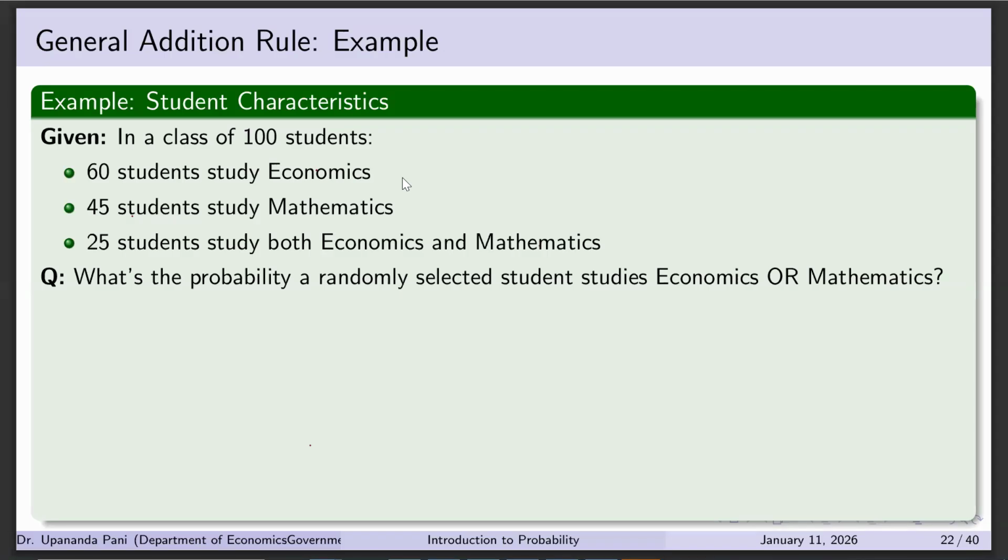Chinmay, are you there? Yes, sir. Try to answer this, okay? Mute yourself.